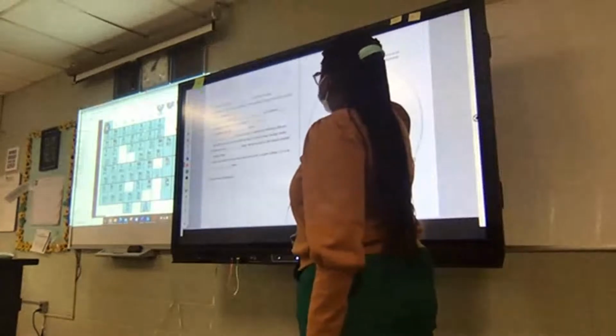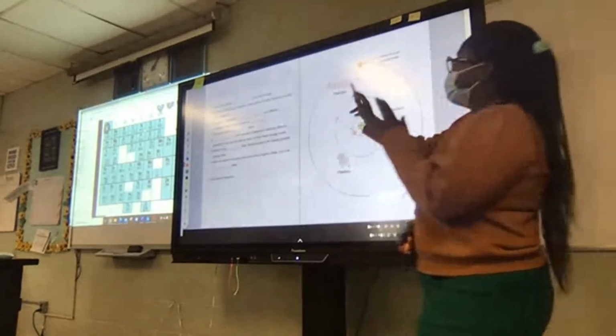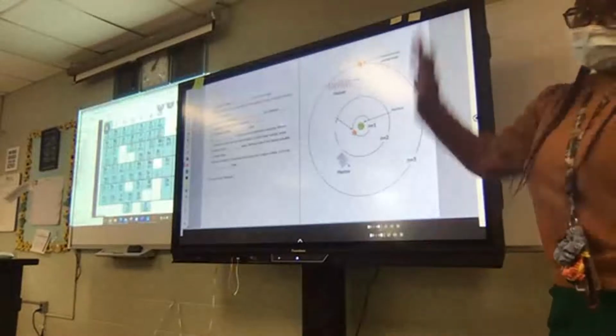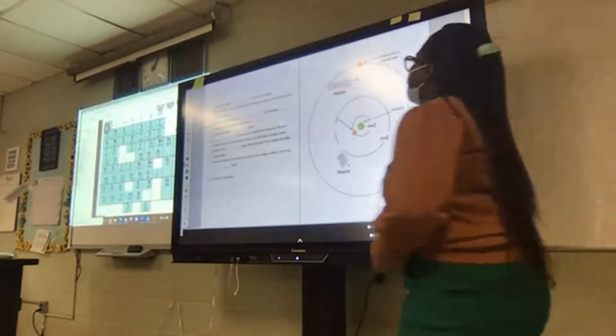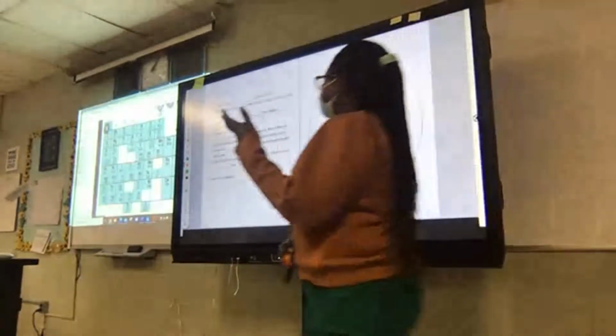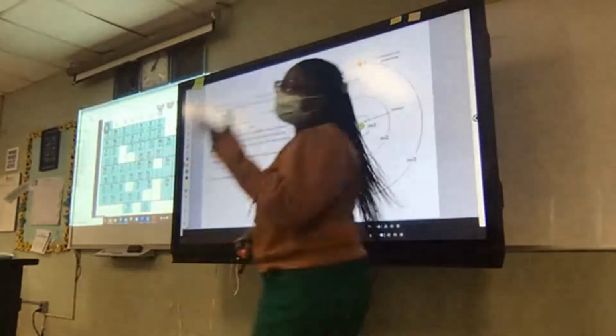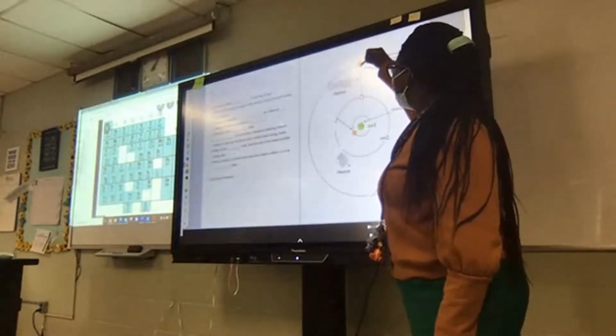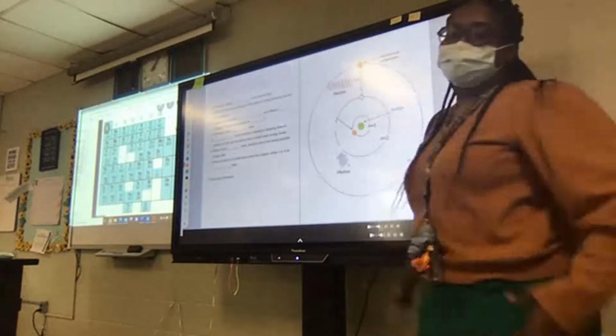Right here, this is called a photon. The arrow for the photon is going into the atom. That means the electron is gaining energy, and since it is gaining energy, it is moving from the inner levels to the outer levels. It is going out. It is gaining energy.